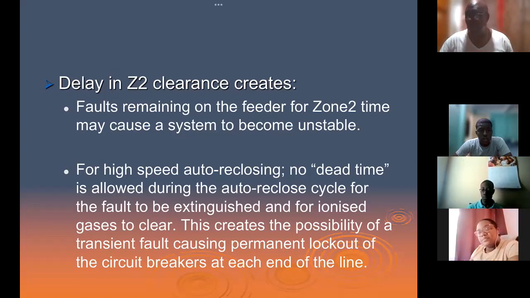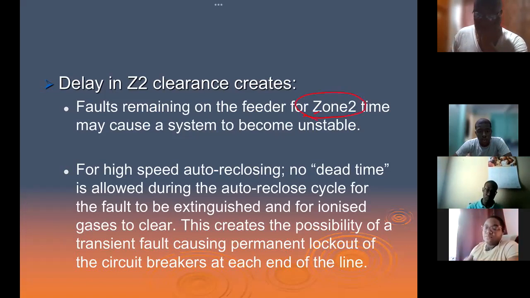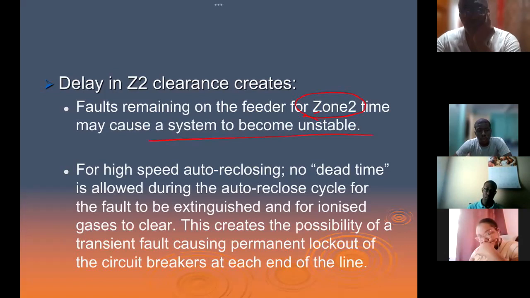Now, herein lies the challenge before us. If the fault remains on the system for zone 2 time, it may cause the system to become unstable. I don't have all the details as yet, but recently there was a power outage, an all-island blackout in Trinidad, and it just cascaded. That is something they're simply not accustomed to.